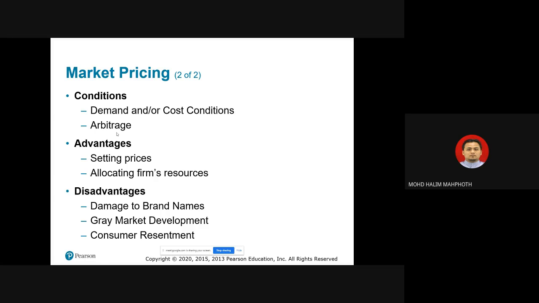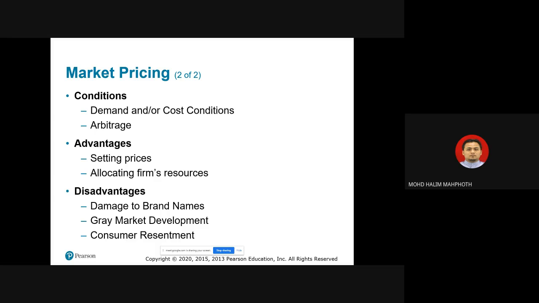So this kind of thing actually forces the customer to compare. Advantages: it helps in setting the price upon the demand. People know that we have limited resources, but higher demand will lead towards a higher price. So this is the advantage for the supplier, because they need not produce more, just wait for the demand of the customer.